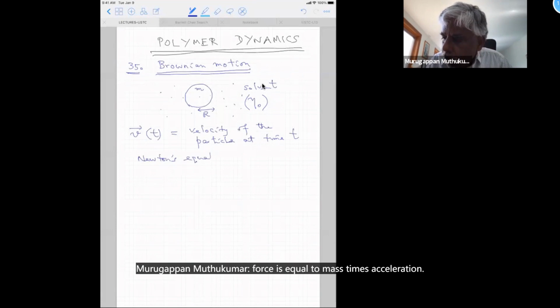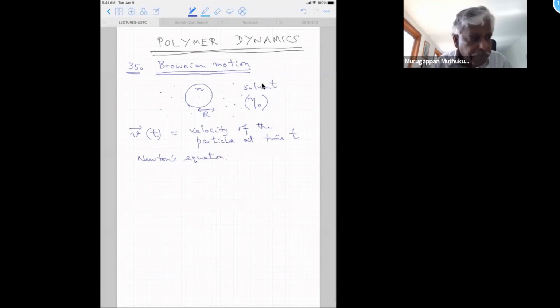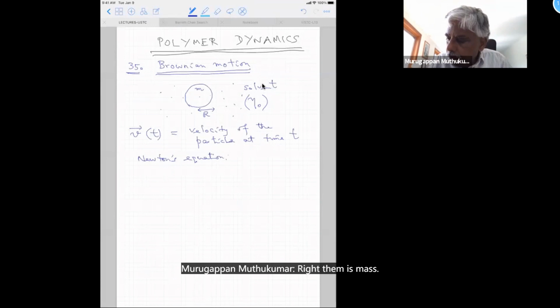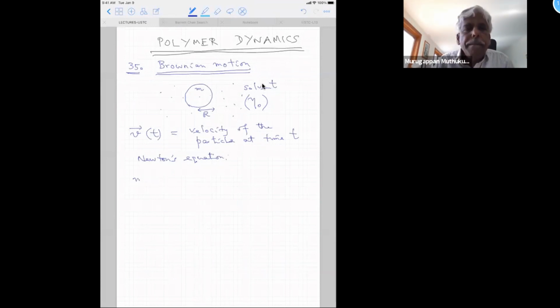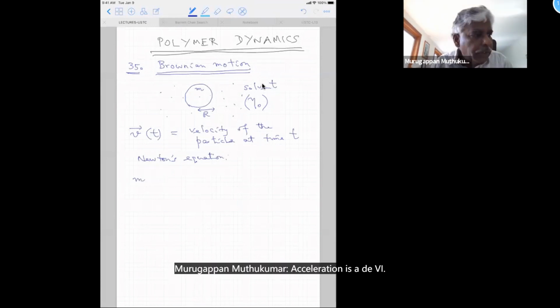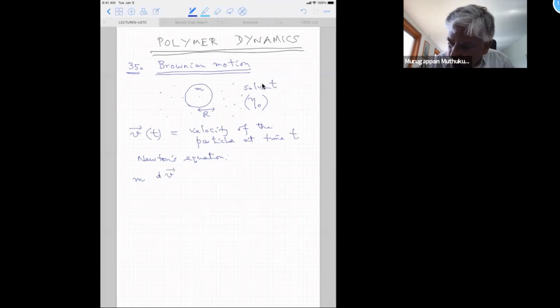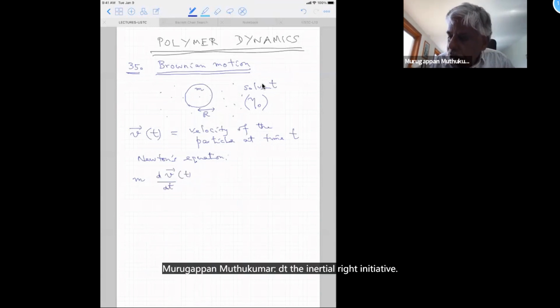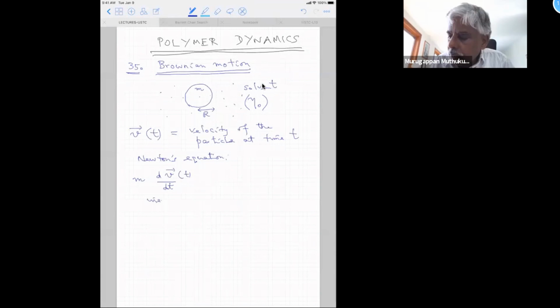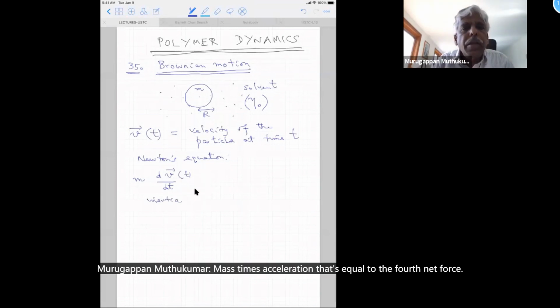Force is equal to mass times acceleration. Right? m is mass. Acceleration is dv(t)/dt. This is the inertia term. Mass times acceleration is equal to the net force.